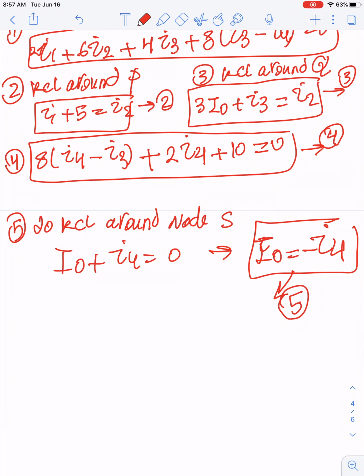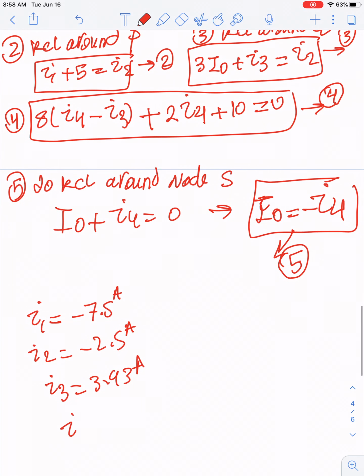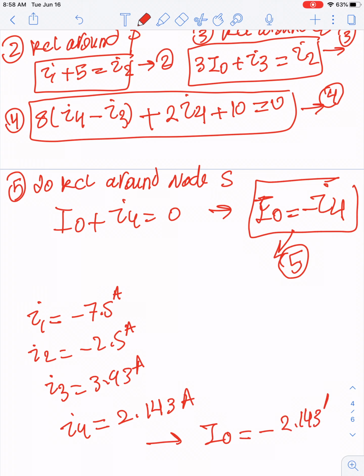So I think you will be able to find it, and the final answer is I1 is equal to negative 7.8, I2 is negative 2.5 amperes, I3 is equal to 3.93 amperes, and I4 is equal to 2.43 amperes, which gives us IO is equal to negative 2.143 amperes, and this is the final answer.